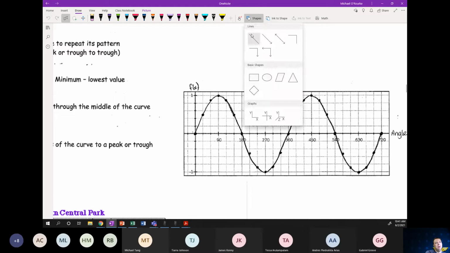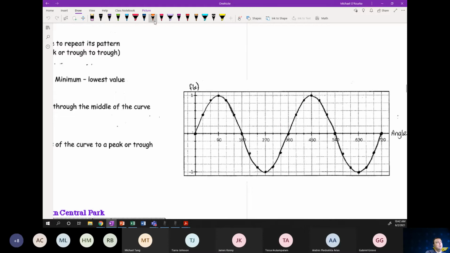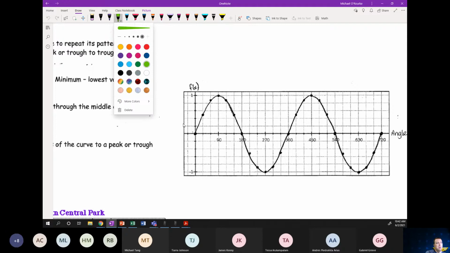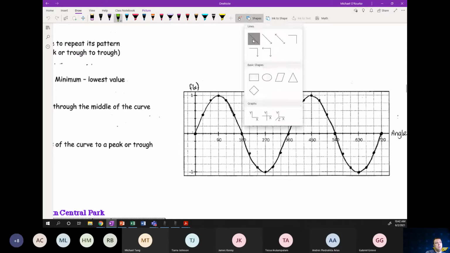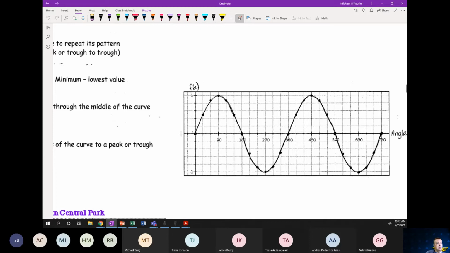So the axis of a curve here would be line. Is right down the middle.